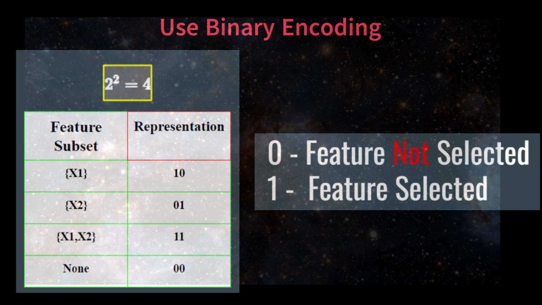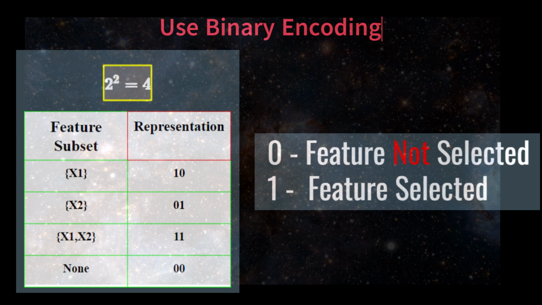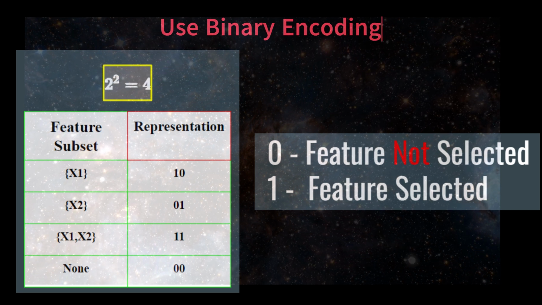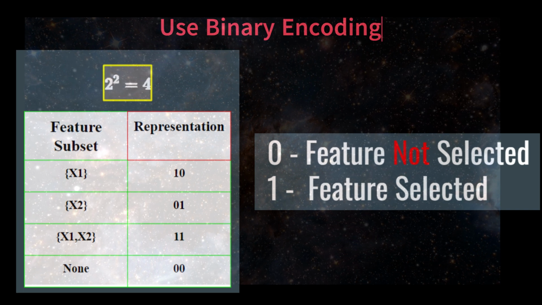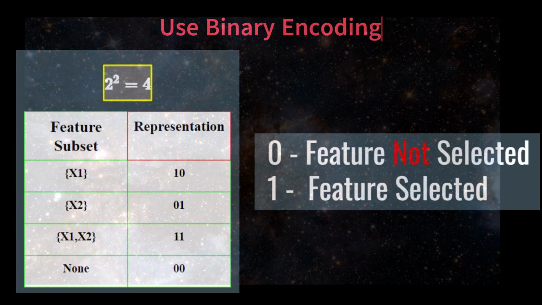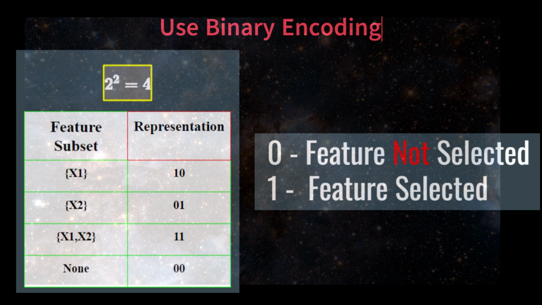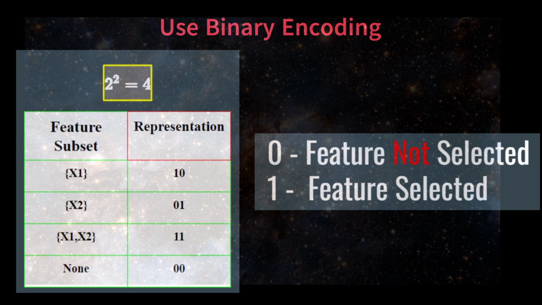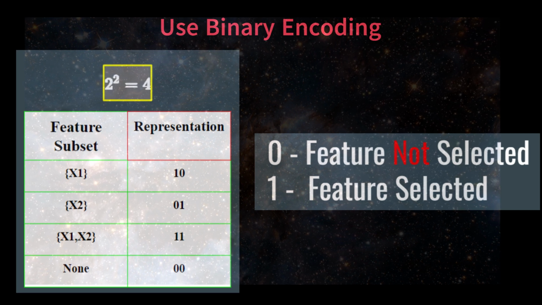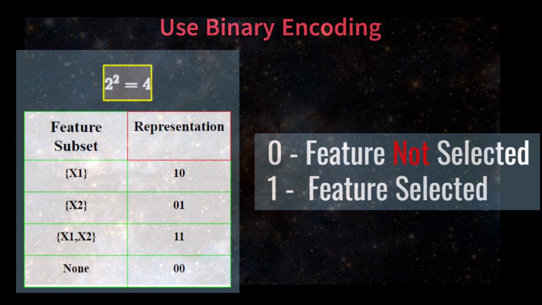It means 1: the x1 feature is selected, and 0: the x2 feature is not selected. For the second subset x2, the binary encoding is 0 1. 0 means x1 is not selected and 1 means x2 is selected.